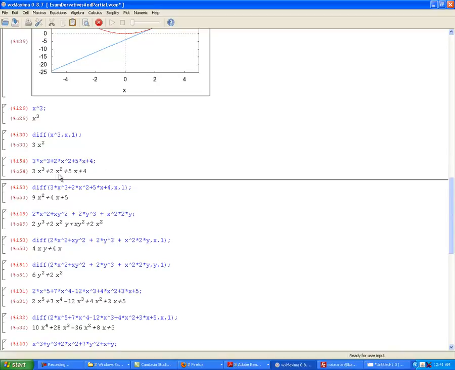So x squared here: if I take 2 and multiply it times 2, I get 4, and then subtract 1 from the 2, I end up with just x to the power of 1. So I end up with 4x. Moving on, we have 3 times 3, we get 9, and 3 minus 1 gives us 2. So we have 9x squared.